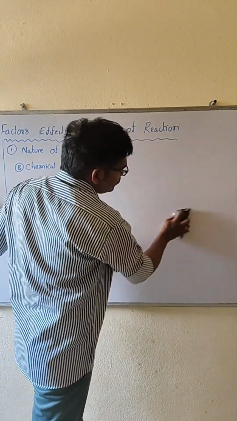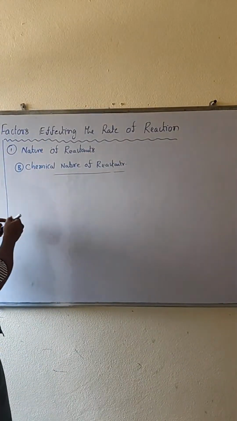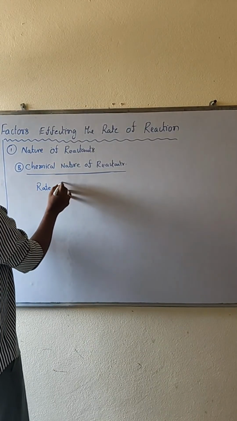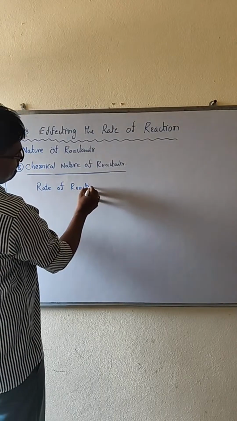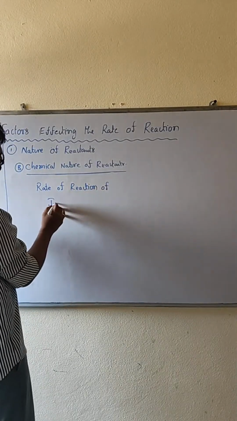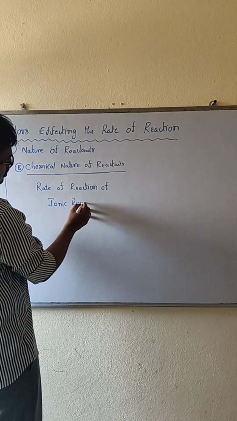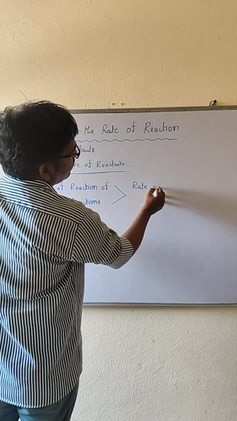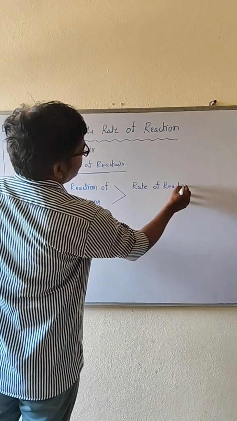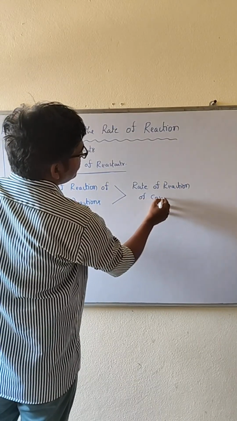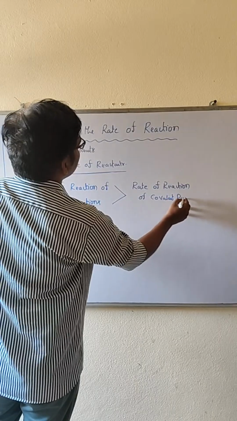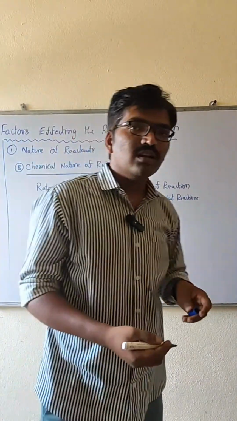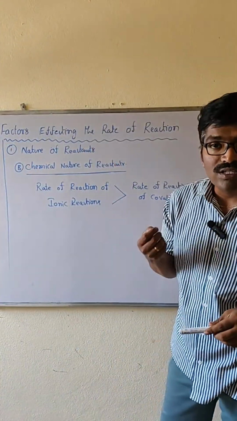When comparing ionic reactions and covalent reactions, the rate of reaction of ionic reactions is greater than the rate of reaction of covalent reactions. See, why? What is the reason ionic reactions' rate of reaction is greater?